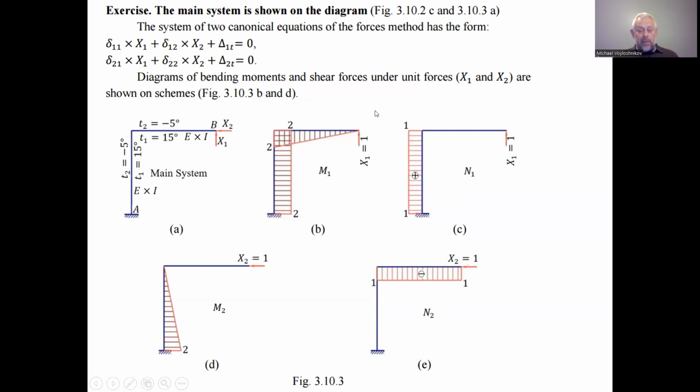So this vertical element, under the action of the force x1, is expanded, but the horizontal element is compressed.